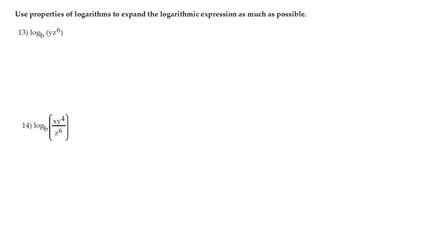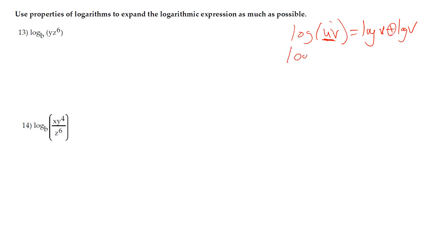All right, here we want to use our properties of expansion. So remember there were 3 properties of expansion. Log of a product turns into a sum of logs. That's U, that's V. So if you have multiplication inside, add 2 logs.